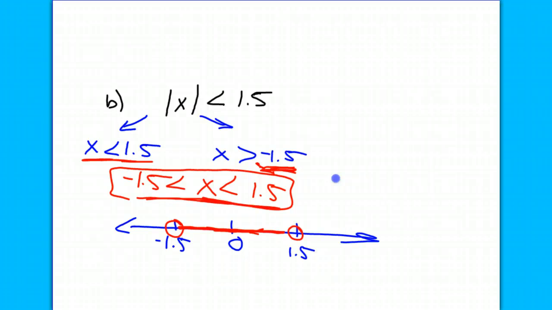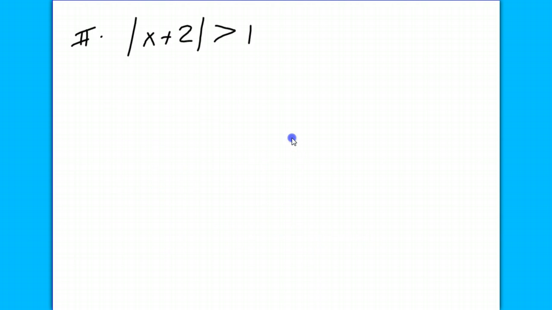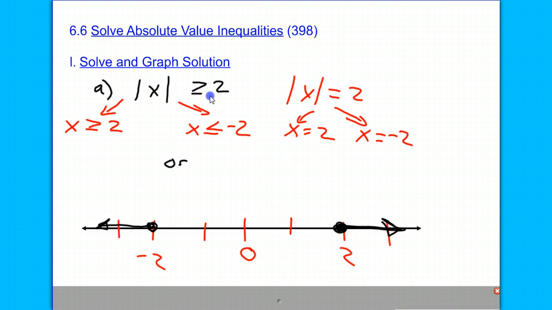Is this an and or an or inequality? And. Okay? Interesting. So look at this. When we had a less than sign, see that? We ended up with an and inequality. When we had a greater than sign, see that? We ended up with what type of inequality?